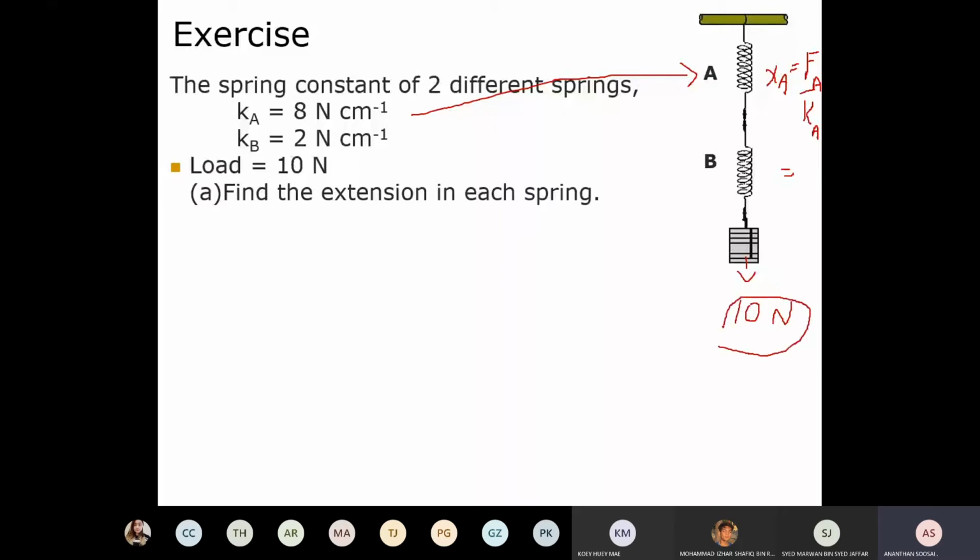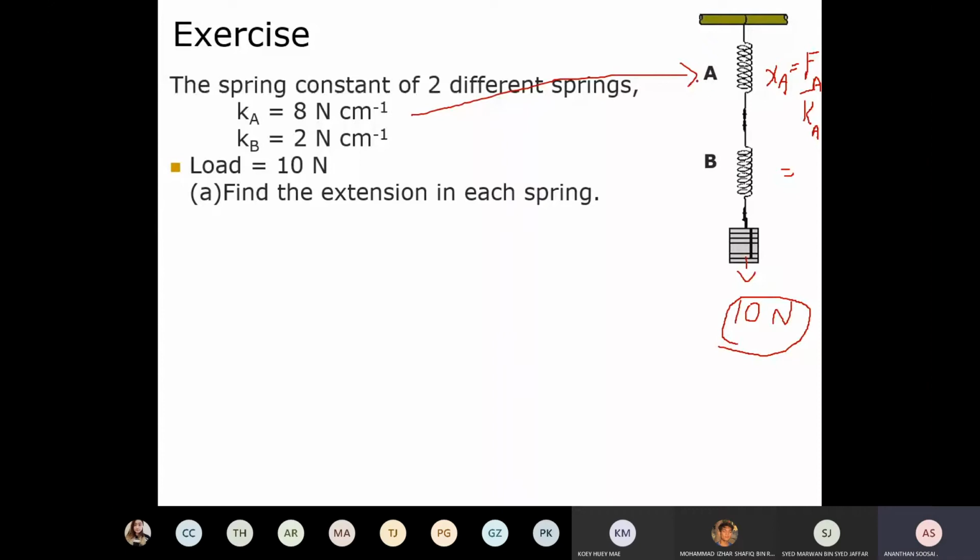Exactly 10 Newton. Do A and B help each other to carry this 10 Newton? Not really. They are individually carrying the 10 Newton.